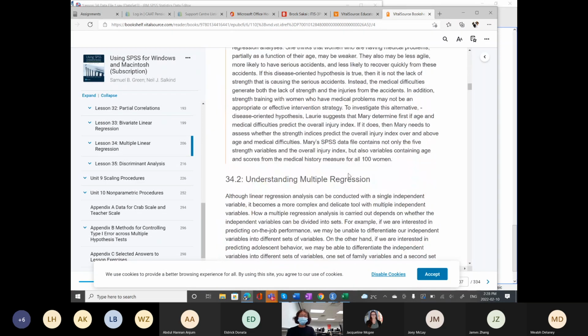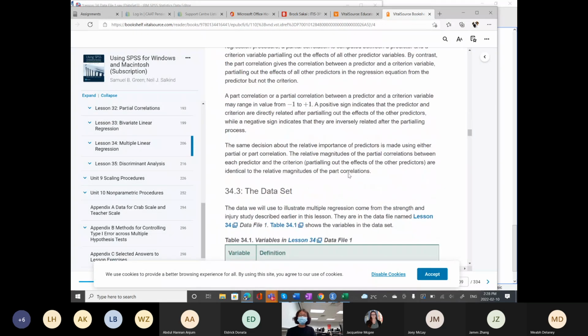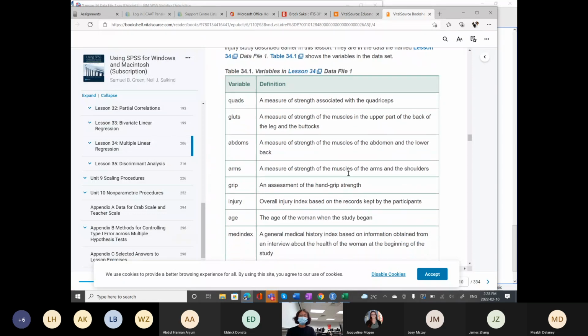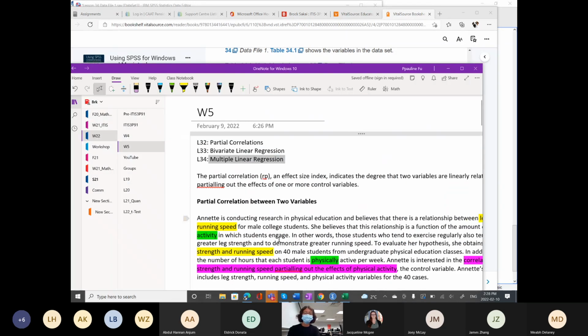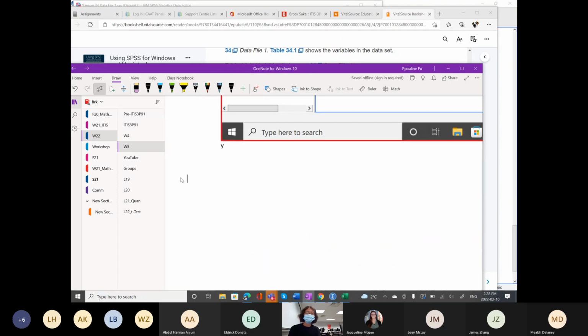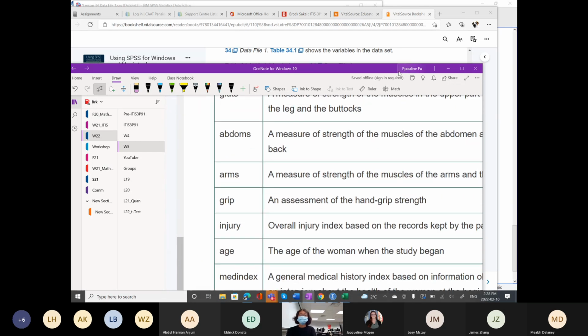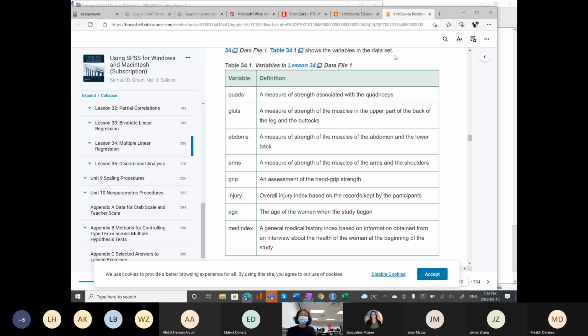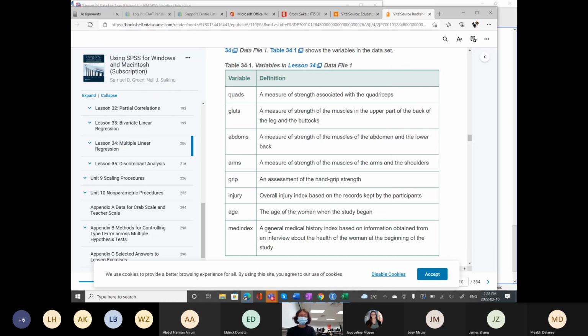So for our data, the explanation of the variables here, lesson 34. Those are the explanations of the variables. Okay. So those are the variable meanings: body strength plus age and medical history.